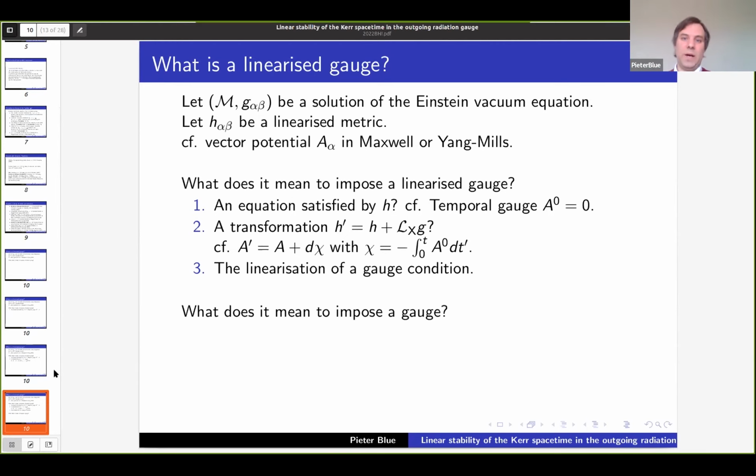Another definition that you might take for a linearized gauge is that you have an actual gauge for the nonlinear equations themselves, and you're doing a linearization around that.